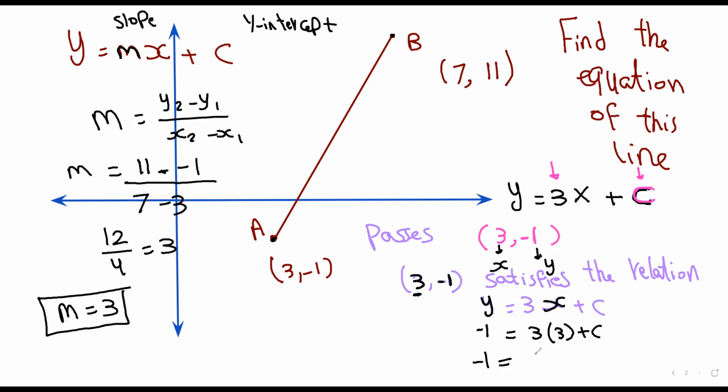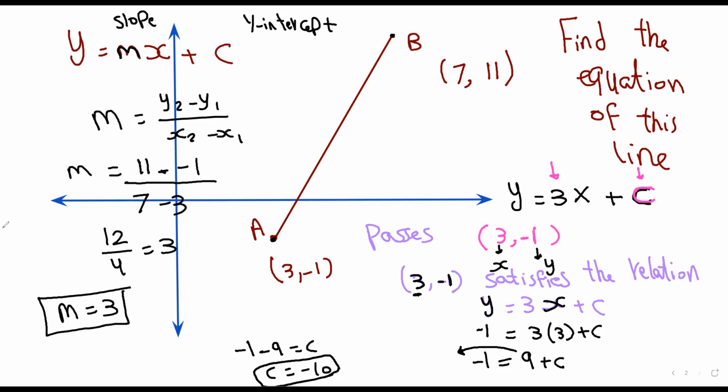So minus 1 equals 9 plus c. Move 9 to this side. So minus 1 minus 9 equals what? Minus 10. So now we have c.